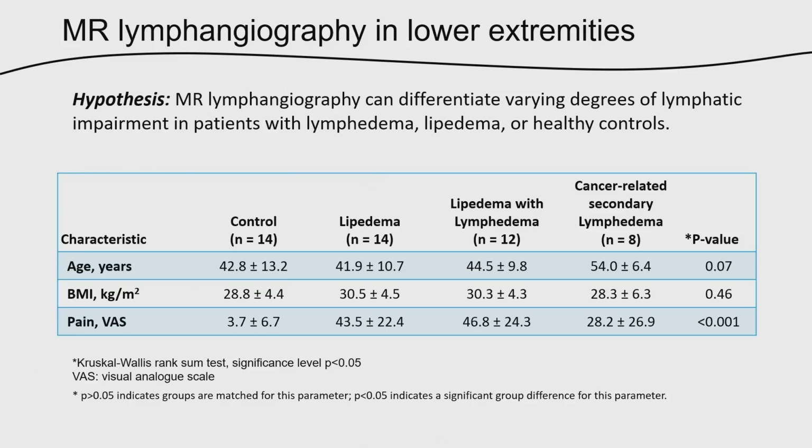So I'll take you through one study here and some of our findings on MR lymphangiography along with tissue sodium and fat in the same cohort. In this case, we were enrolling more patients with lipedema. We had a total of 4 different cohorts we were able to look at. We enrolled healthy female controls with a similar BMI, patients with lipedema, and a second cohort of patients with lipedema who also met criteria for lymphedema.